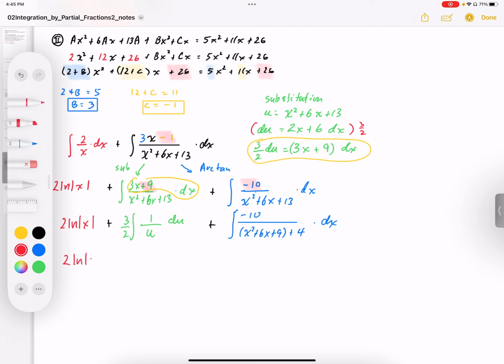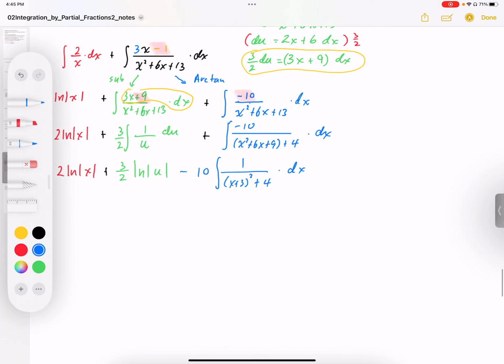So 2 log x plus 3 over 2 log u plus, I'm going to put the -10, and this is going to be 1 over (x plus 3) squared plus 2 squared. So then I can now apply my arctan formula to that portion.